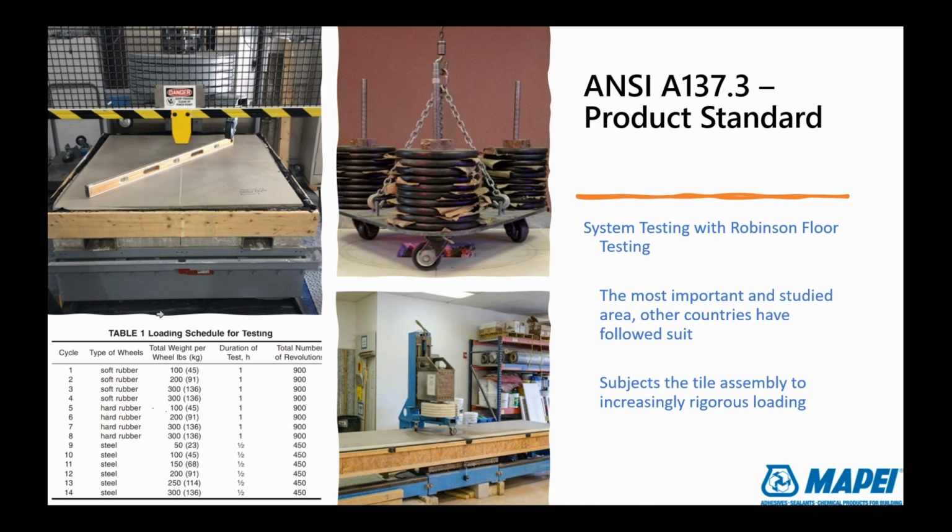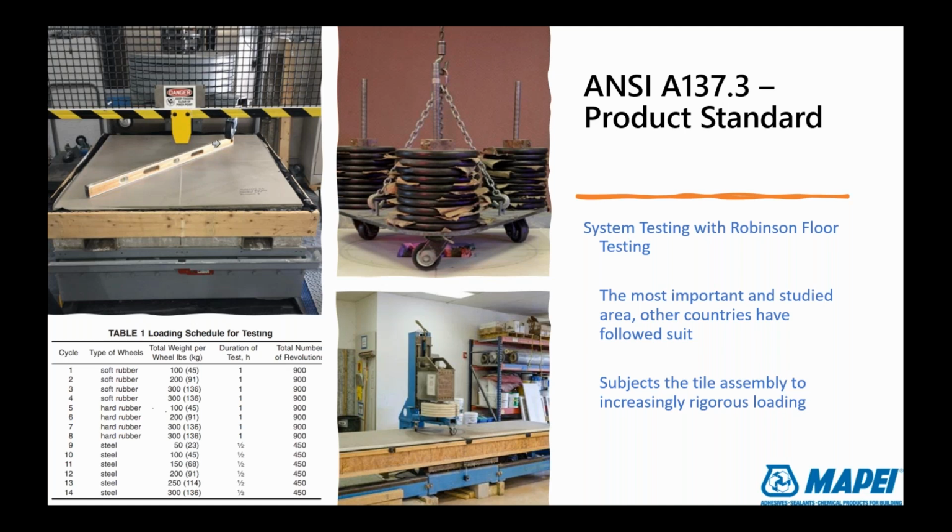The loading schedule for testing, or the cycling. All of the test assemblies, and this includes gauge porcelain tile, included in the product standard, get a Robinson test. So in the first cycle, 100 pounds with a soft rubber wheel. You can see a soft rubber wheel here.